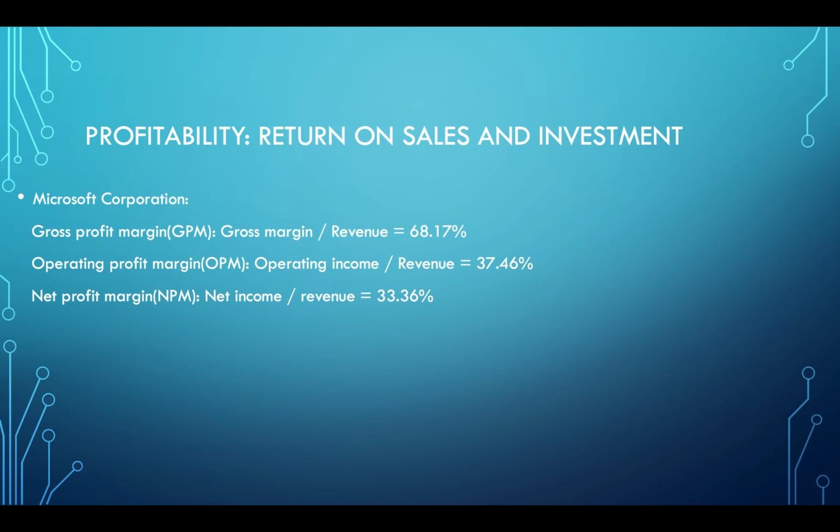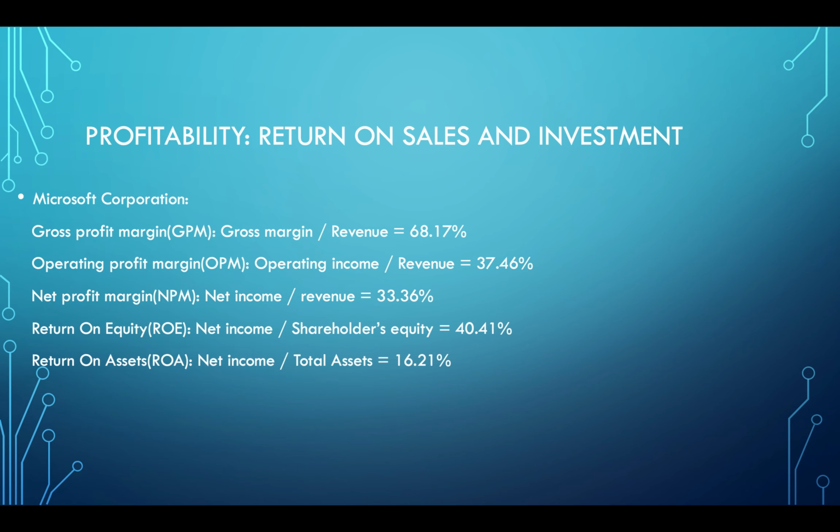And the second profitability is returns on investment. It contains return on equity and return on assets. They all use net income divided by another data. For ROE, we use net income divided by shareholders' equity, and for ROA, we use net income divided by total assets.